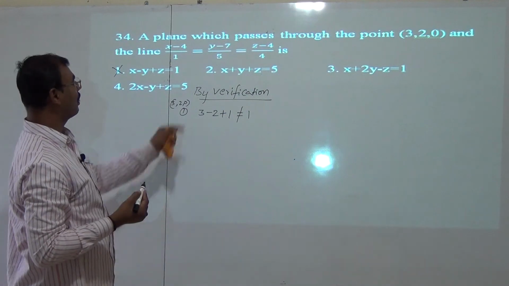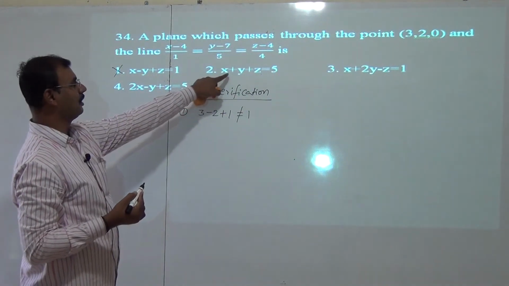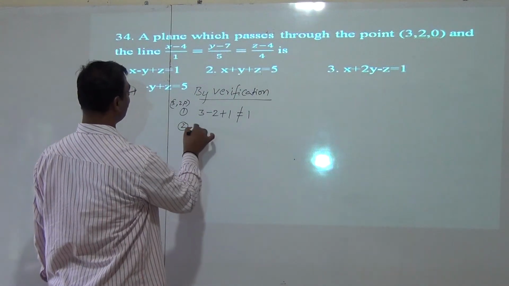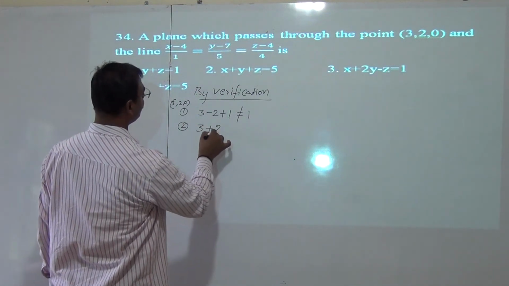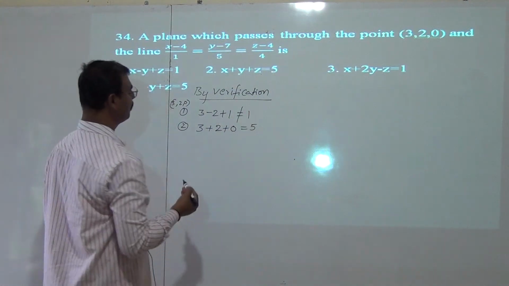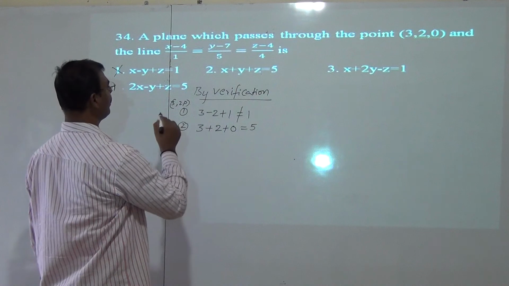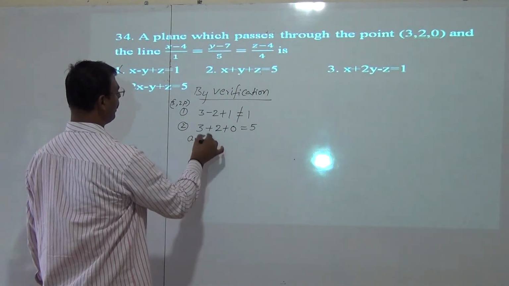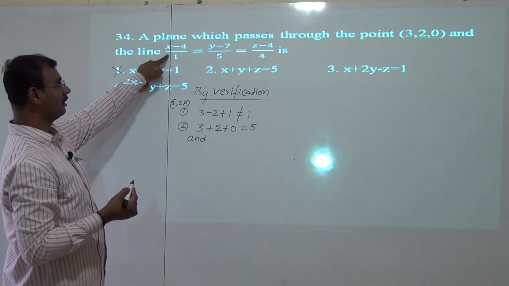Second option. Substitute 3 here: 3 plus 2 plus 0 is equal to 5. So it is satisfied. And also check the line.